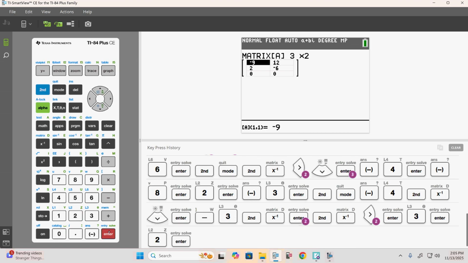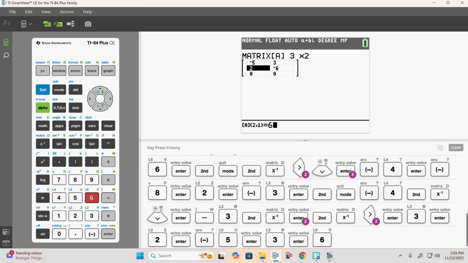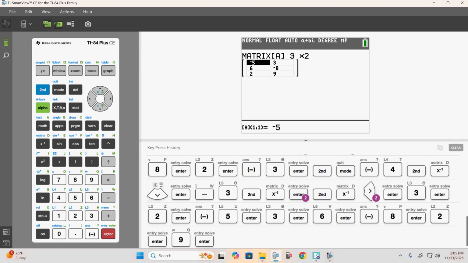Nice thing with typing those in, because it is sometimes easy to flip the rows and columns, is it gives us a picture, because we need 3 down, 2 over. And we'll type them in, negative 5, enter 3, 6, negative 8, 2, 9. And it's nice to hit enter after we type each number, because it just bumps us to the next spot.